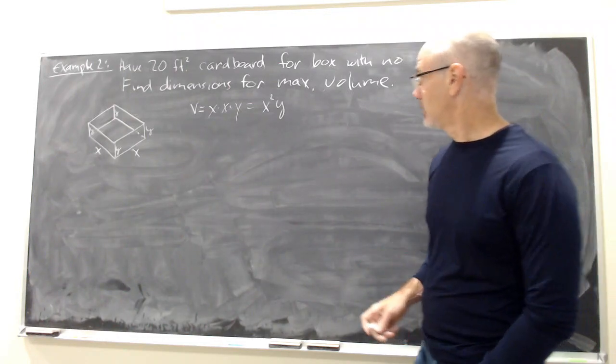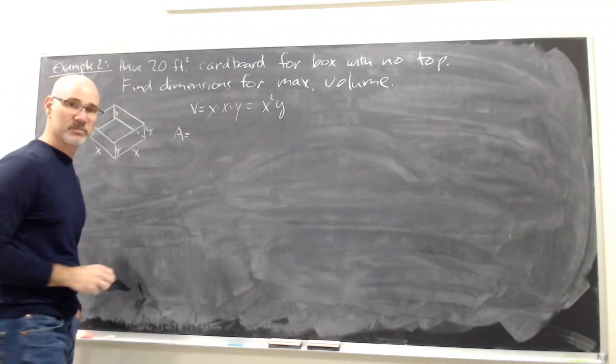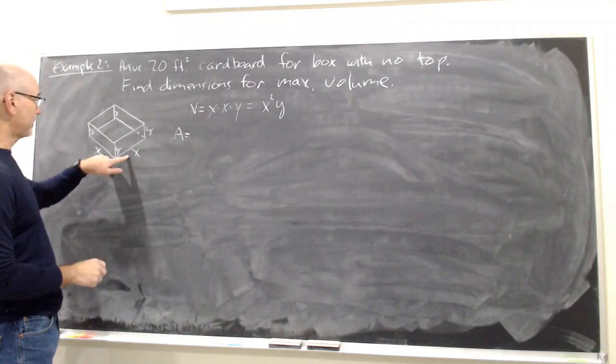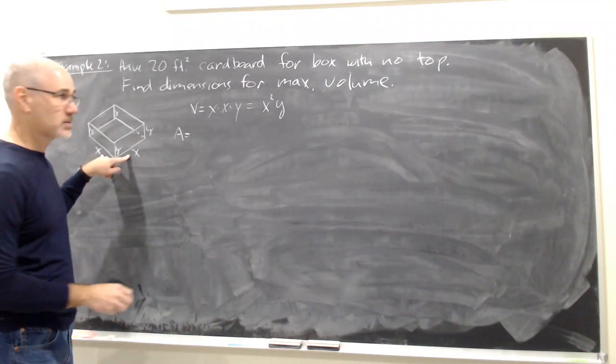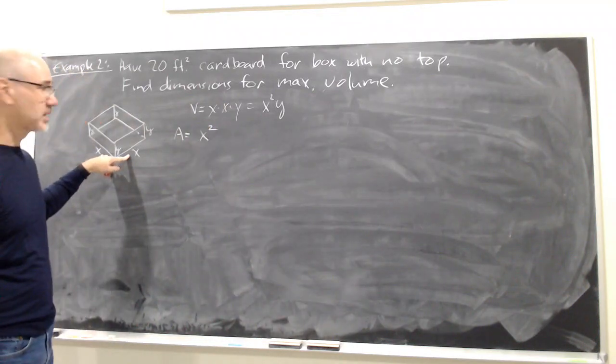So we're going to look at the area, or the amount of material that the box requires. We have the base of the box, which would be an area of x squared, x times x.